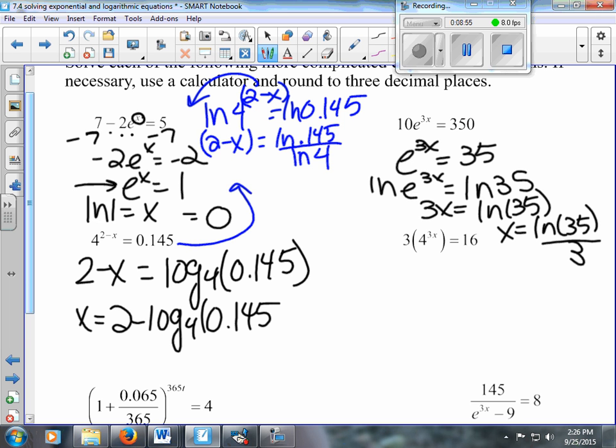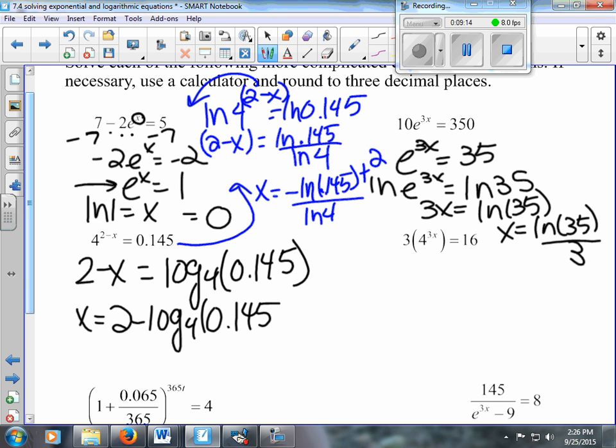And then I'm going to divide by natural log of 4 at the same time. So I put the 2 minus x in the front, and then I divided by natural log of 4. Then I'm going to solve for x by subtracting 2 and dividing by negative 1. So that gives me negative natural log of 0.145 over natural log of 4 plus 2.